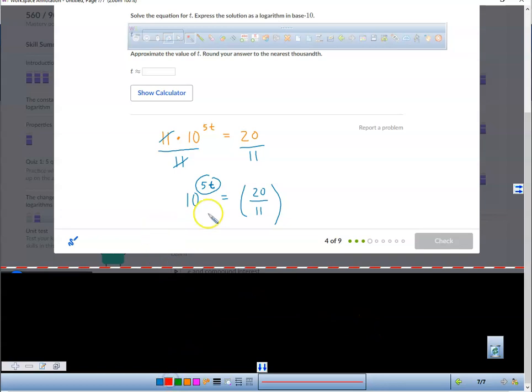So what I want you guys to do is write this down. Put log base 10 to the power of 5t equals log base 10 parentheses 20 over 11.